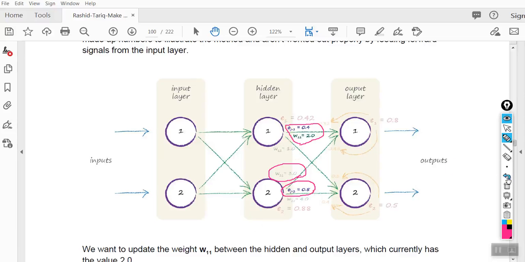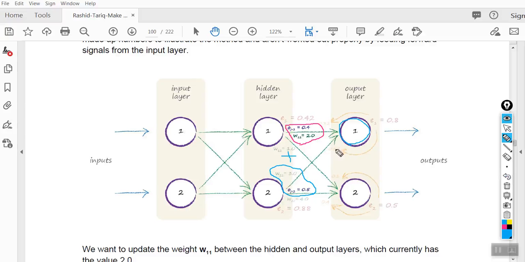Then it is better that I write with this color, and then after that we calculate the summation of these products, because these two links feed this node, the first node of the output layer. Then this output is multiplied by this weight, and this output by this weight.